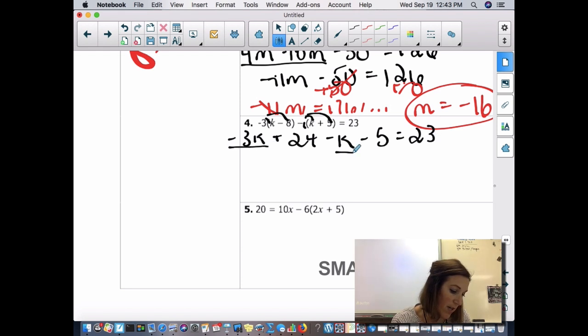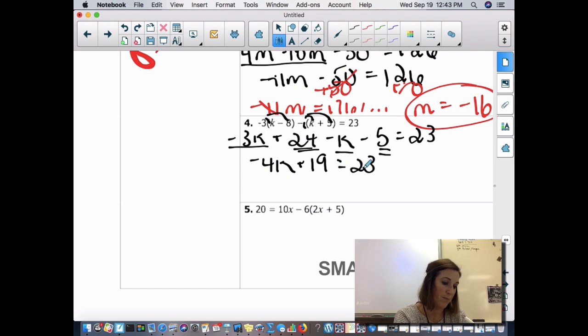So we're going to combine our k's and we're going to combine our whole numbers. So when I do that, I get -4k, and then 24 minus 5 is +19 equals 23.